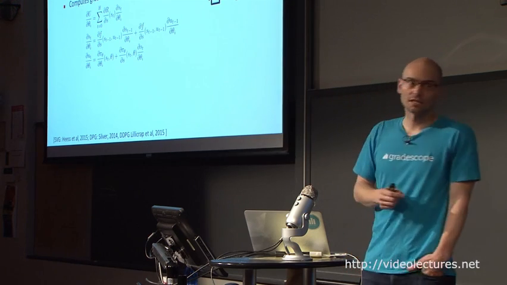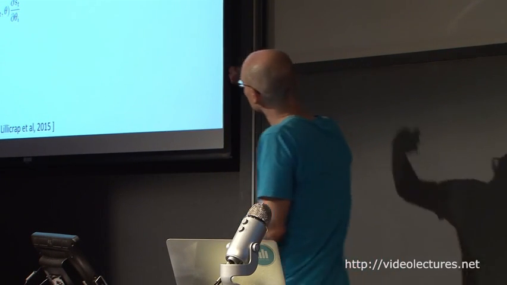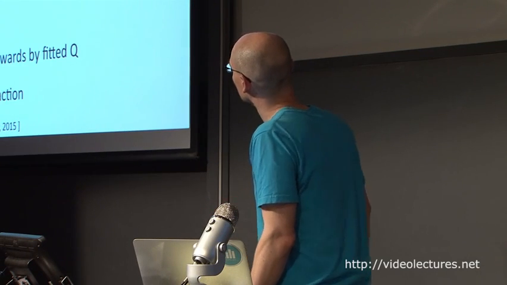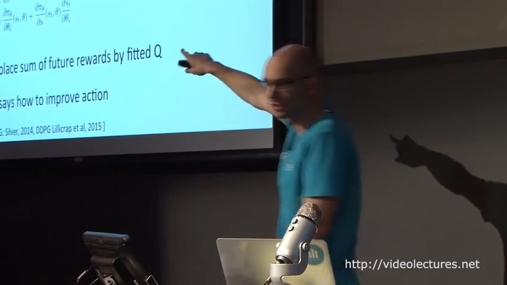This idea is used in the stochastic value gradients paper by Nick Hayes and collaborators. So they essentially look at exactly this setup that I just described and backprop through it to compute their gradients. You can make variants of this because when you look at this, if you backprop through and you have the sum of rewards that you take derivatives of, you can play the exact same idea again.